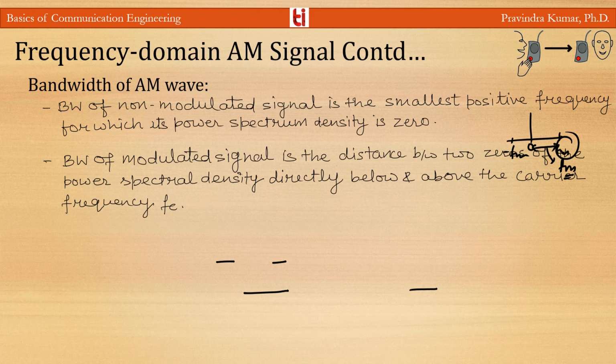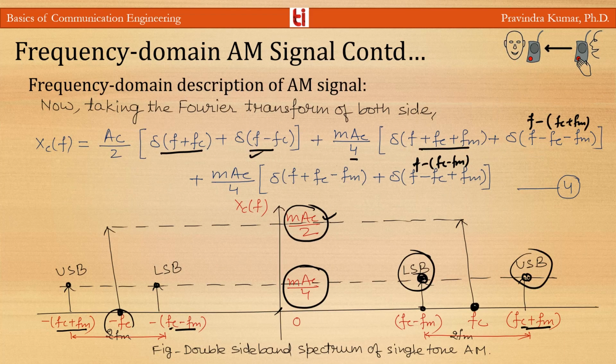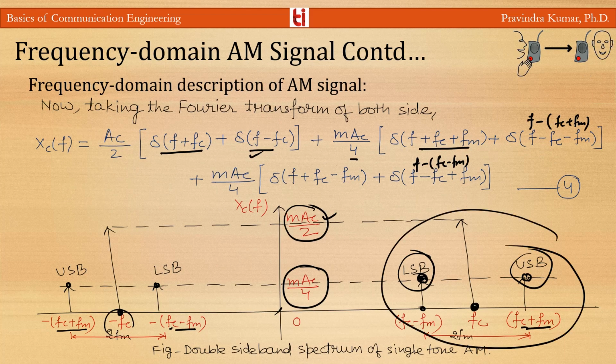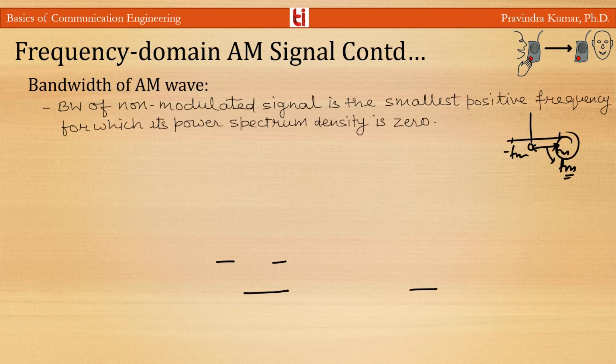As you can see, in this case the highest frequency component is fc plus fm and the lowest frequency component is fc minus fm. So the bandwidth will be the difference between fc plus fm and fc minus fm, and it will be 2fm.